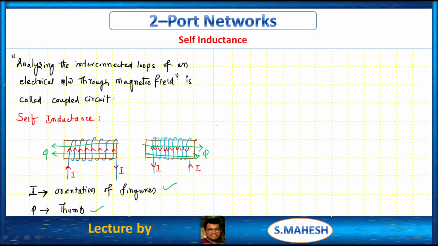Then what about self inductance? That is, when a current changes in a circuit, the magnetic flux linking the same circuit also changes. Because the current in this circuit changes, obviously the flux which is present in the same circuit also changes, right?